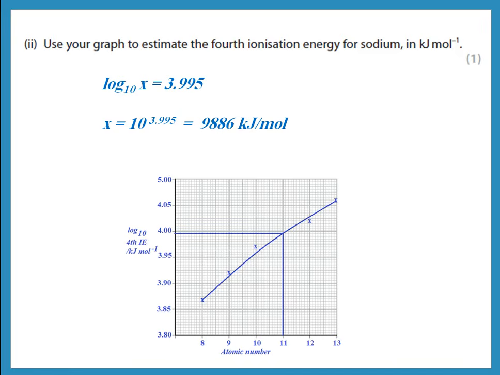That means that the log to the power 10 of the 4th ionization energy is 3.995. So what is the ionization energy? Remember, if you want to get the number now, the number is actually 10 to the power of whatever you got. So it's 10 to the power of 3.995. If you do that with a calculator, it comes around this number.